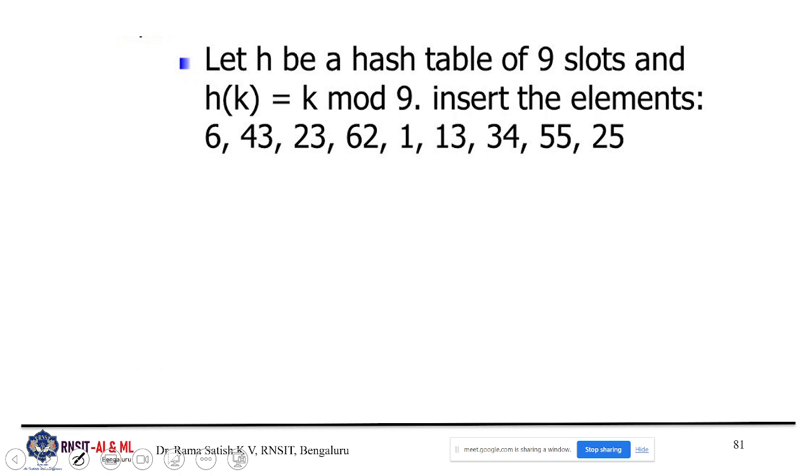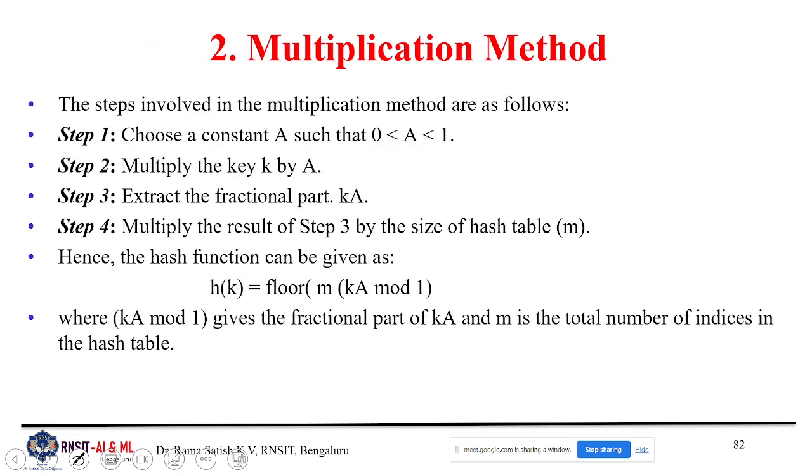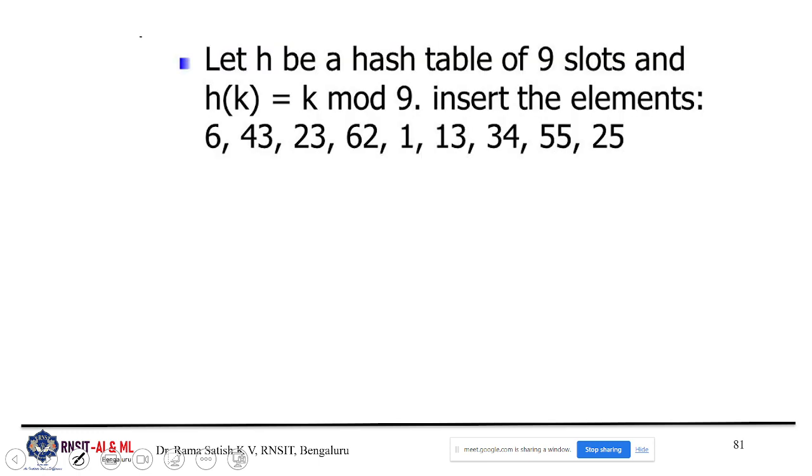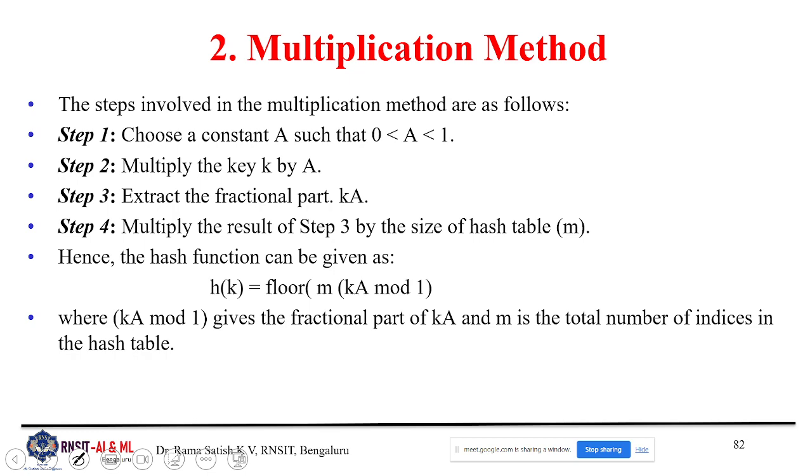And this hashing I have also explained, and you have worked on this, this is the multiplication method. In the multiplication method, you are not going to divide, you are going to multiply the size with a constant.